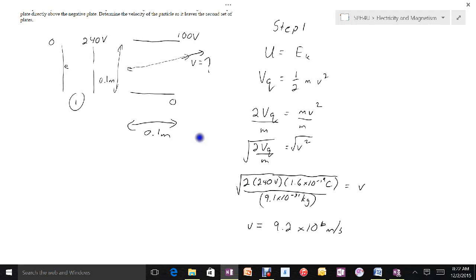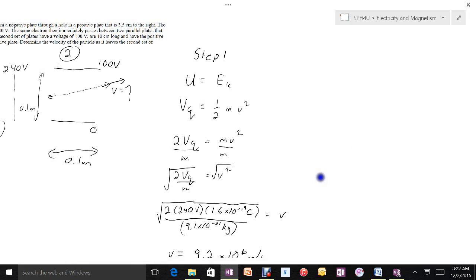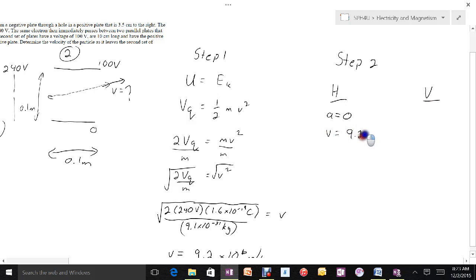So then the question becomes, how can we figure out how it's going to go out here in step 2 of this problem? Step 2 of this problem is a lot like a projectile problem. We have motion in the horizontal and the vertical direction. In the horizontal direction, we're assuming we have no acceleration. We have an initial velocity of 9.2 times 10 to the 6 meters per second, and we have a distance for this electron to go through of 0.1 meters.